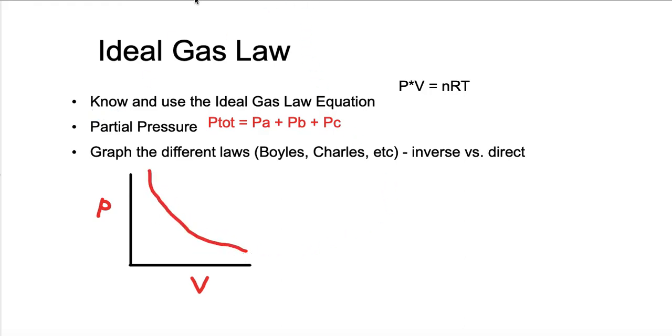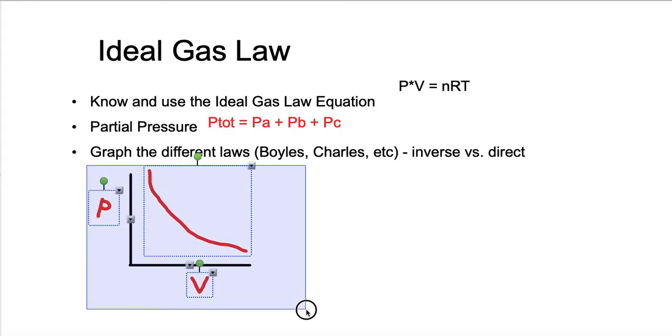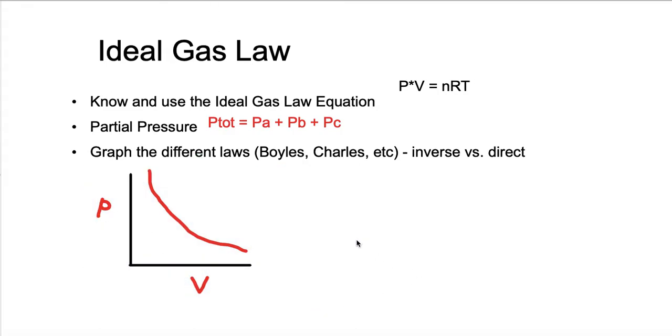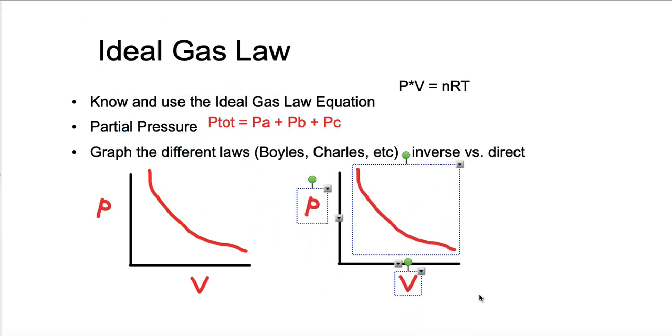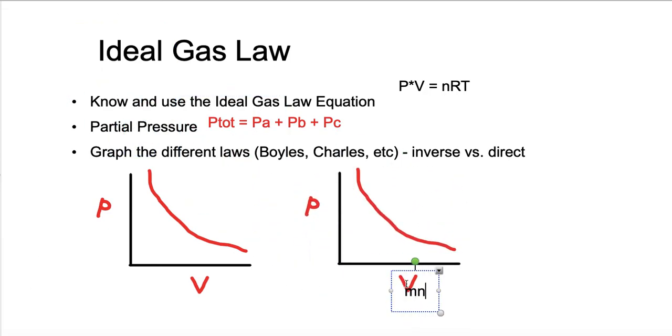If we do a different thing, like say we did pressure versus number of particles. Well, the more particles that we have, then the P versus V is, so actually let me do this because I have it up here.